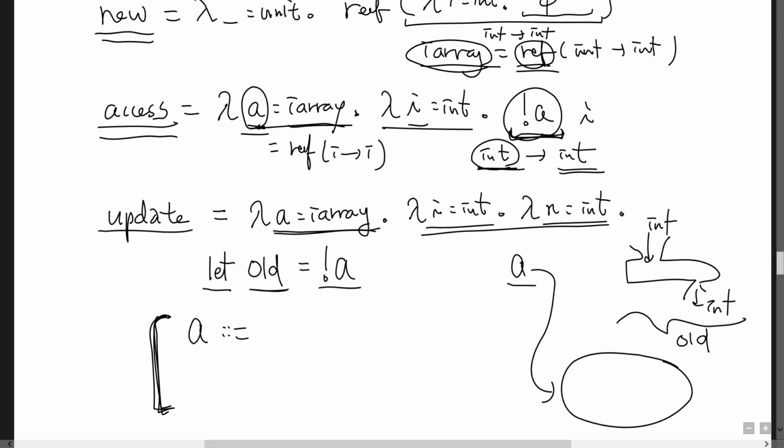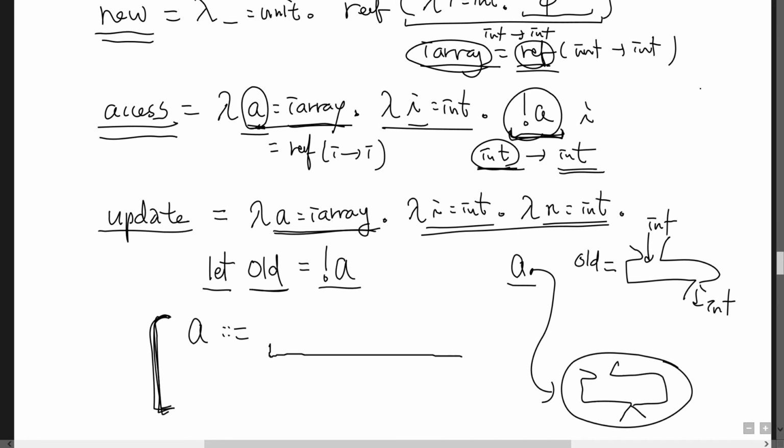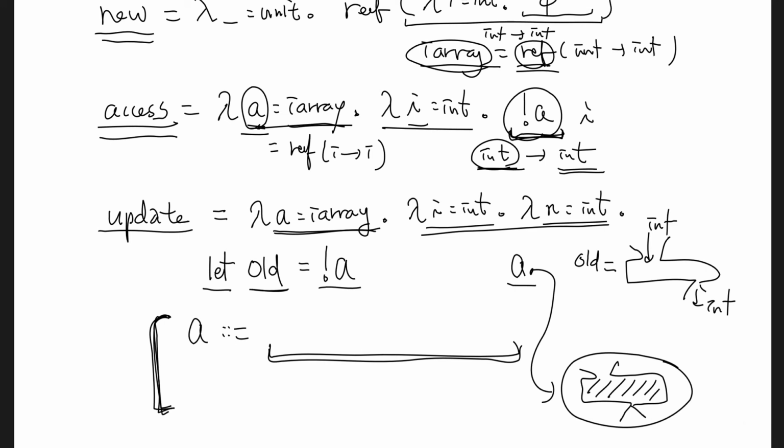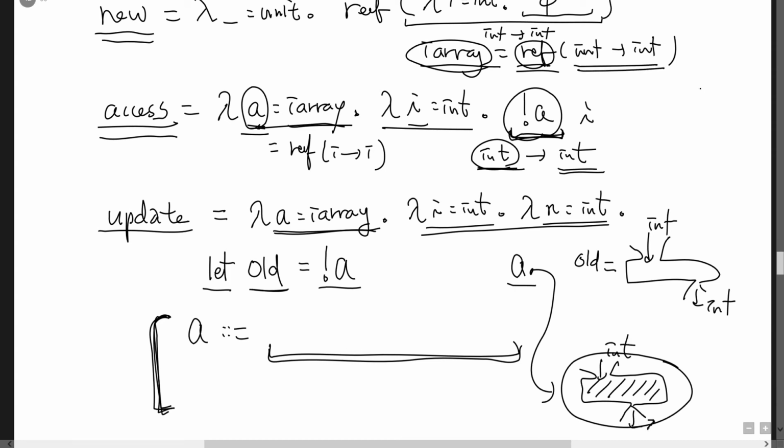So this is the old one, and now A is going to point to the new lambda abstraction to be constructed here. This one will be the new integer array. So therefore you have to create the function of this type, int arrow int.